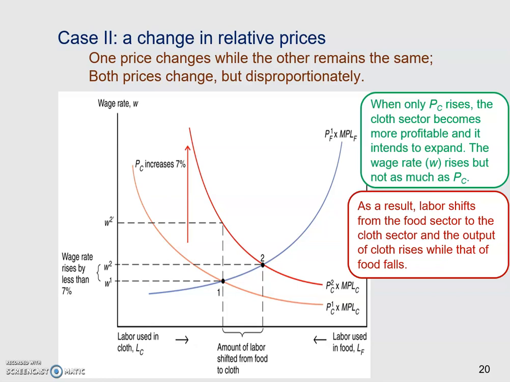Now here, I would suggest you once again to pause the video and think about how we are going to demonstrate this effect of a change in relative price on output. How are we going to demonstrate this effect on the graph? Which graph should we go to, and how are we going to do that? Think about this. Pause the video.